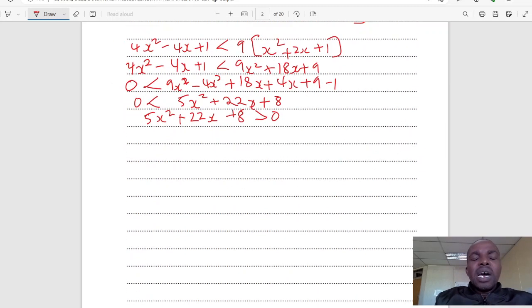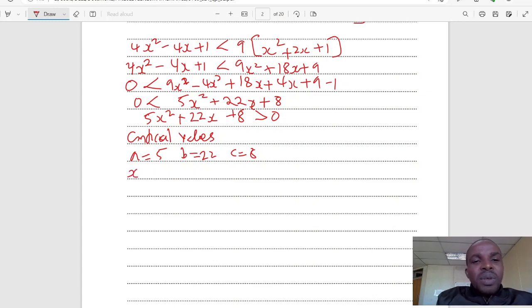Right. We have to find the critical values of x. You can use the completing the square method, the quadratic formula, or factorization if it can work. But I prefer to use the quadratic formula. So using the quadratic formula to find critical values of x, my a is equal to 5, b is equal to 22, and c is equal to 8.